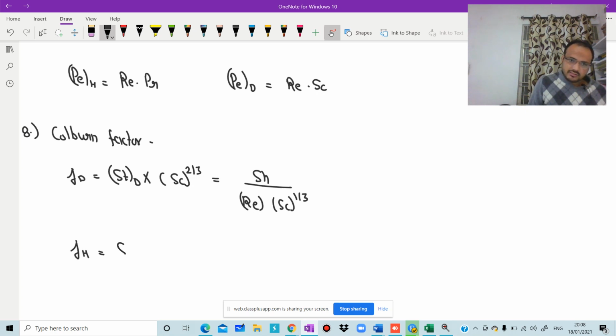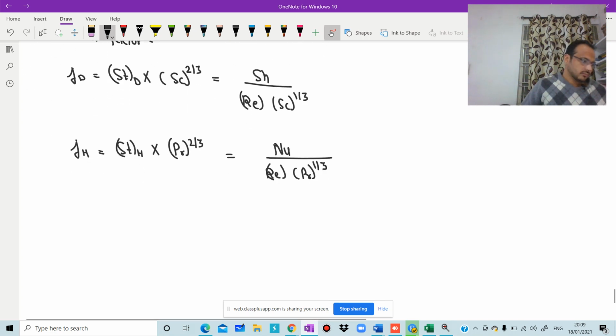JH factor is Stanton number in heat transfer into Prandtl to the power 2 by 3. Or we can write Nusselt by Reynolds into Prandtl to the power 1 by 3. All these were basic numbers which you need to remember.